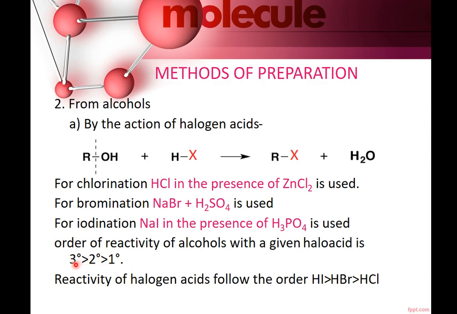So that's why tertiary alcohol will react faster. Reactivity of halogen acids follows the order: HI greater than HBr greater than HCl.